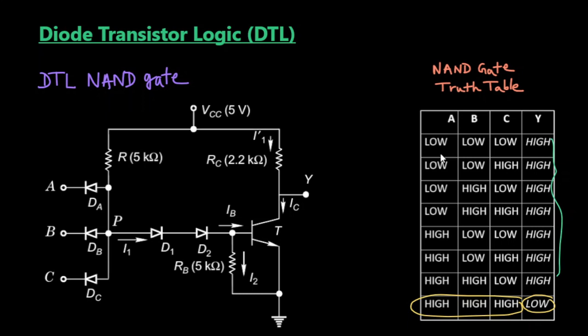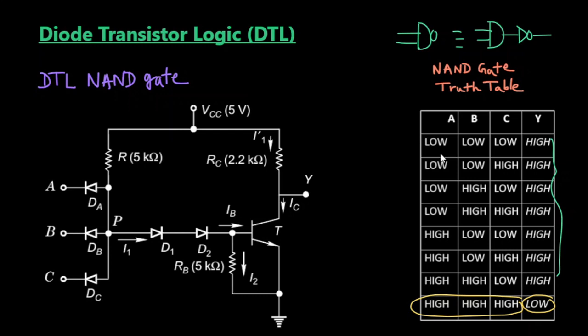We also know that a NAND gate is equivalent to an AND gate connected in series with an inverter. So this idea of combining an AND gate and an inverter to create a NAND gate has been utilized in this circuit.